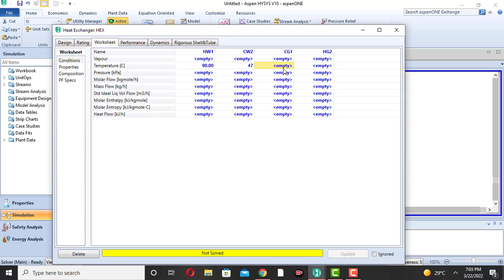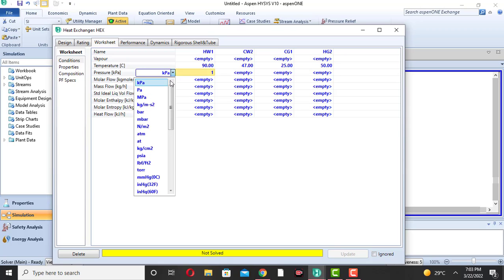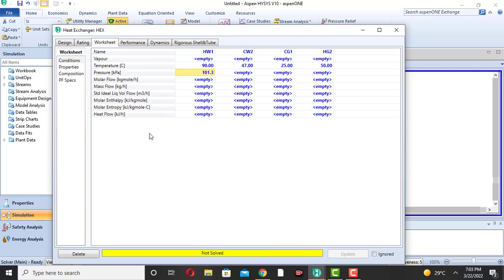The cold glycerin enters at 25 degrees C, and comes out at 50 degrees centigrade. The pressure is 1 atmospheric pressure.